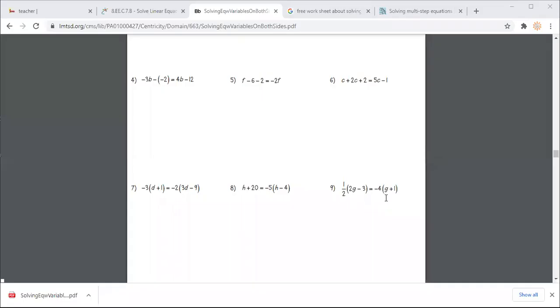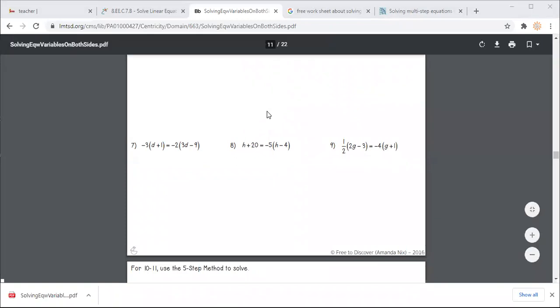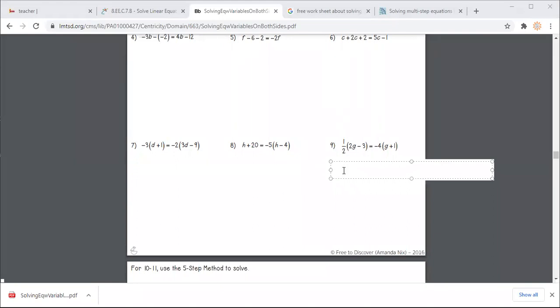Okay, this question. In this question, as I said, we are going to distribute. We will distribute half over the parentheses, right? Then it will be half times 2, which equals g only.